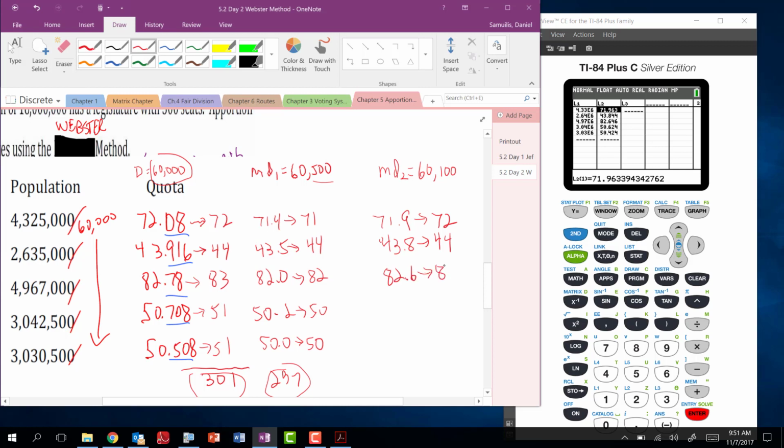So we got that one back. 50.6, 51. And then we got this one back to 50.4, which is 50. So this is one less than the first one, I'm sorry. So 300. This is the apportionment for the states. Okay, I am done.